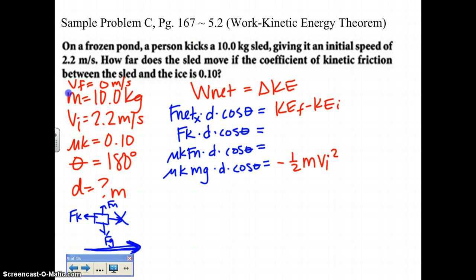Now we want to put it all together and rearrange for d, because d is what we're trying to solve for. That would be negative 1/2 m VI squared all over mu k mg times cosine theta.